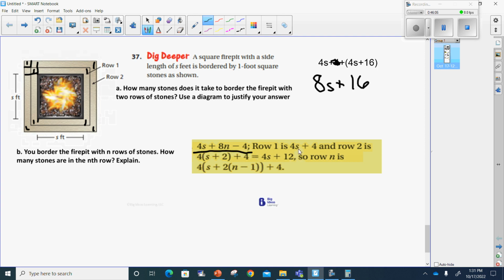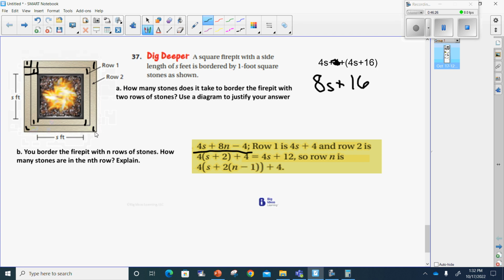They're saying row 1 is 4 S's. Well, that makes sense because this is 1, 2, 3, 4 S's plus 4. That's 1, 2, 3, 4. That was row 1. Row 2 is 4S plus 2's. And if you think about it, this is S, and then we're adding 2 to each side.